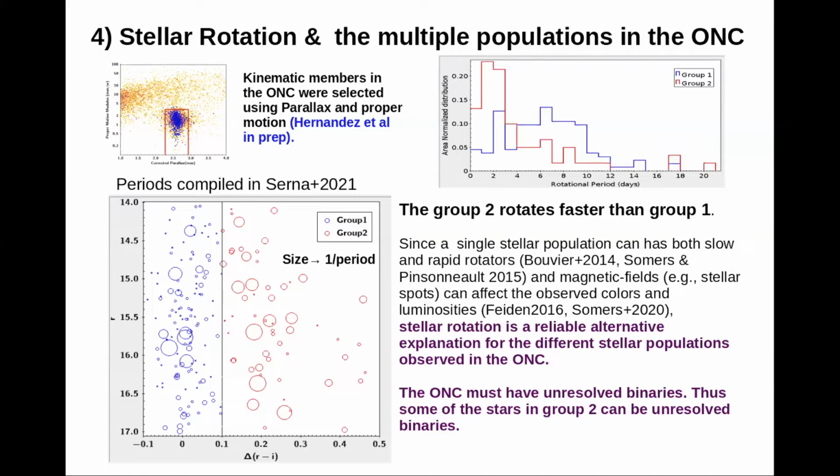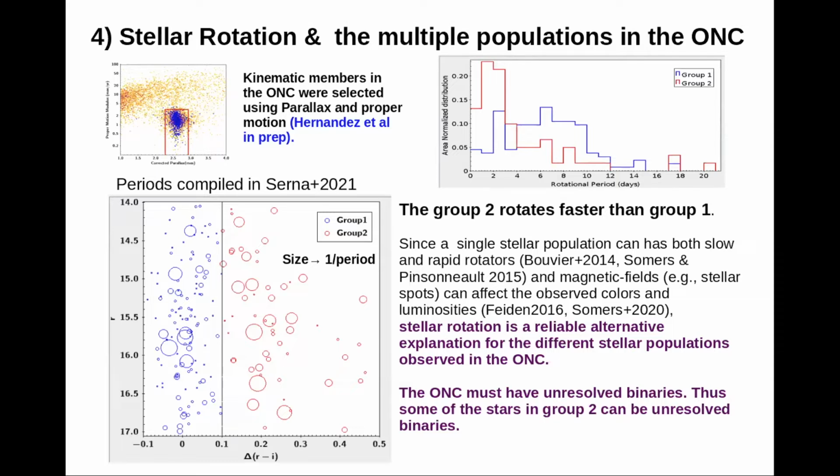And also, we know that magnetic fields and stellar rotation can affect the observed color and the luminosity; in particular, magnetic fields and stellar rotation could produce redder colors. So stellar rotation is a reliable alternative explanation for the different stellar populations observed in the Orion Nebula Cluster.